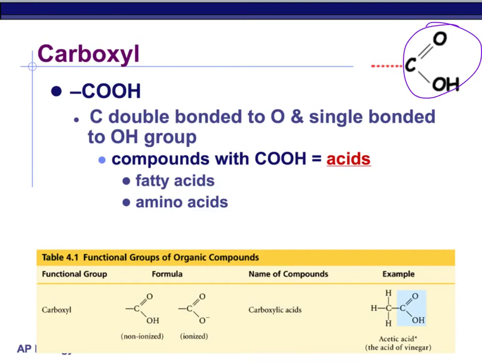Compounds with this functional group are all acids, and the most important ones to us biologists would be our fatty acids, which make up our lipids, and our amino acids, which make up our proteins. Another term, the correct acid term for this is actually carboxylic acids, but yeah, you get the point.